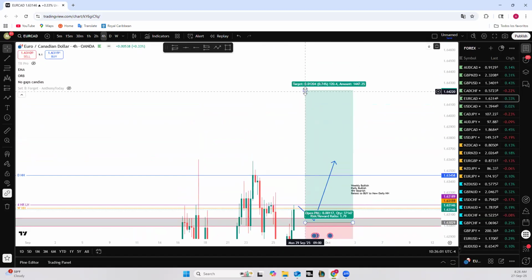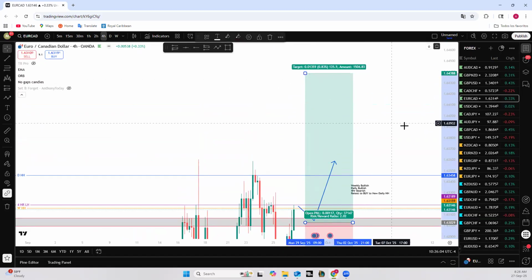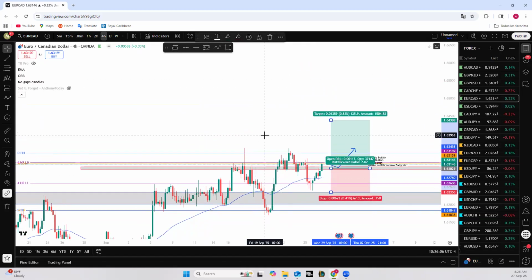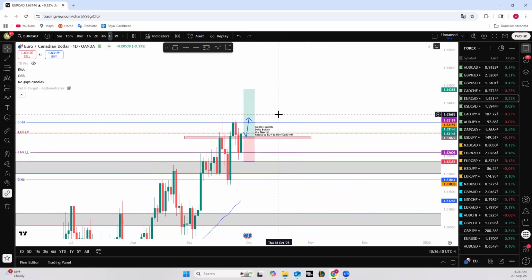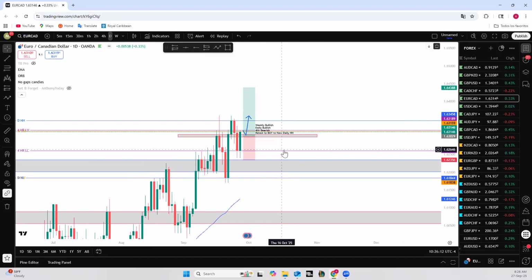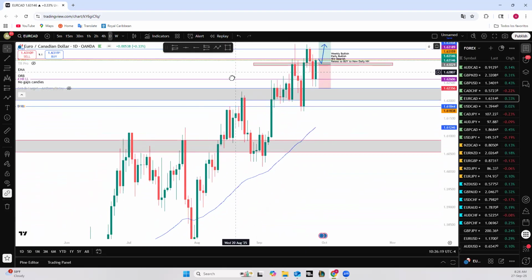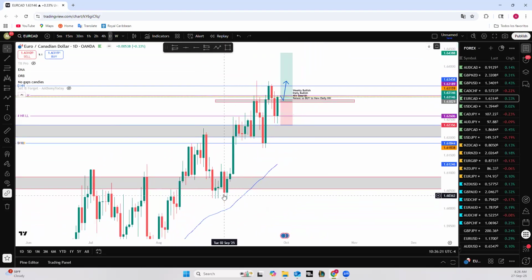So something like this. How does it look on the daily? Okay. I mean, I'm not convinced, but it's printing new highs every time. I don't know.